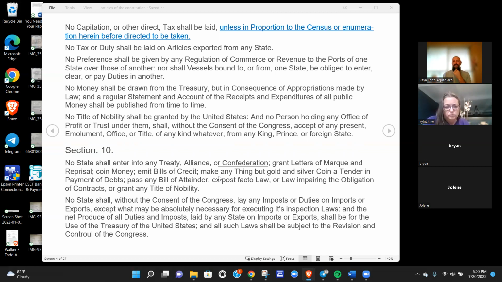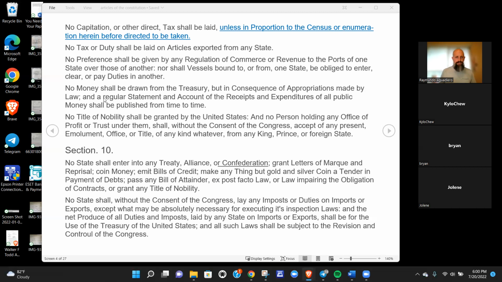So the king, count, or duke of some other country cannot hold office. The United States cannot create a nobility. We don't create classes, counts, dukes, or kings. We are all our own individual king.